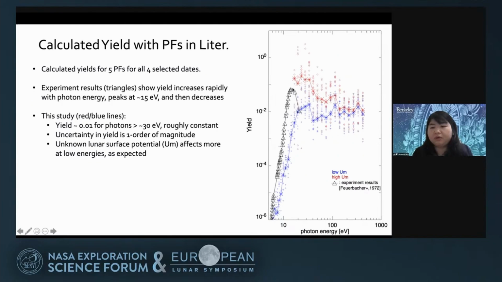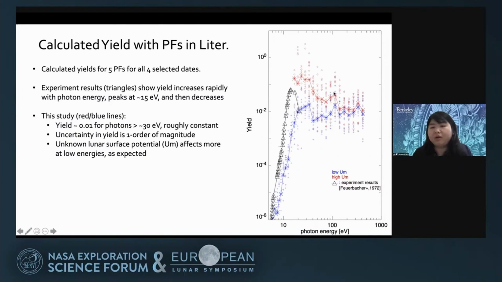We also plot the photoelectron yield reported in the literature, which comes from experimental results, the triangles here, which only go up to roughly 20 eV. So we can see the yield increases rapidly and peaks at roughly 15 eV and then drops down. Without doing anything more, you would assume it just keeps dropping.